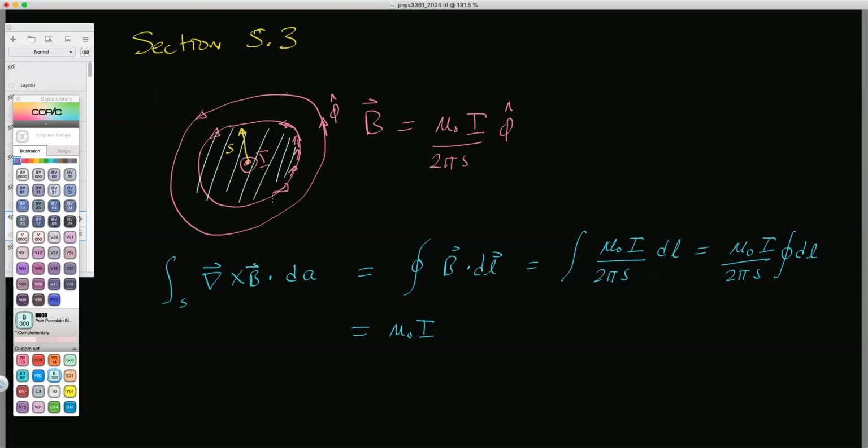Now, let's look at a case where we don't have any current in a loop. So let's look at something like this, and you have a wire here with an I coming out, right?